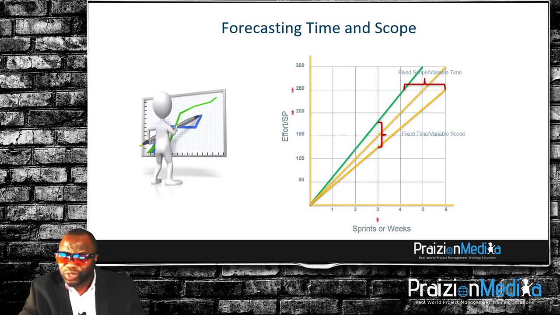Or if they ask you what you can do for them in the next 3 sprints or 3 weeks, you've got an idea that it's going to be anywhere from 125 to 175. That's pretty much the use of our velocity chart, not just to understand how well we're doing, but also to predict what we can do.